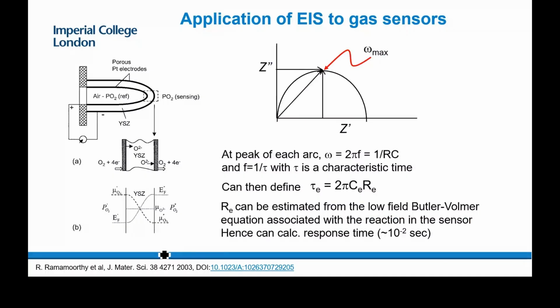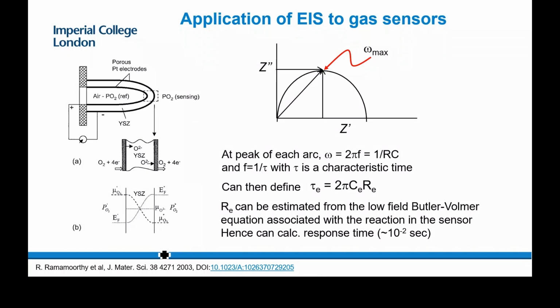So how does that apply to impedance spectroscopy? For the impedance spectroscopy, schematically we have a real and imaginary impedance. We have a nicely perfect, well-behaved arc. And what we're doing is scanning frequency, from a high frequency to a low frequency. And at the peak of your arc, you'll have an omega max, so your peak frequency.